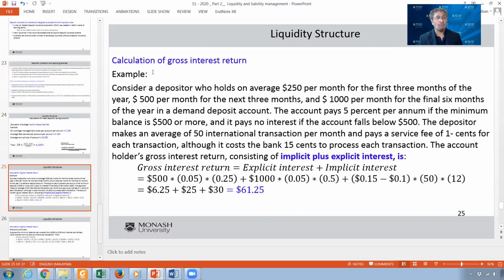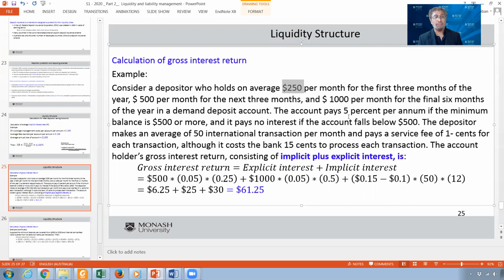You can also go through these calculations, and it's the same thing. Consider a depository institution that holds an average of 250 per month for the first 3 months, 500 for the next 3 months, and 1,000 for the final 6 months. It's always 12 months.